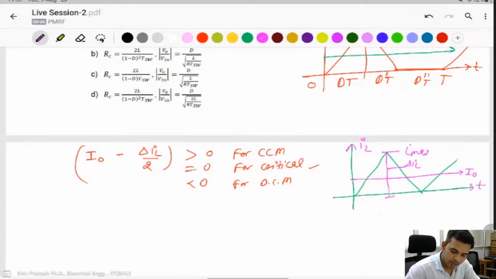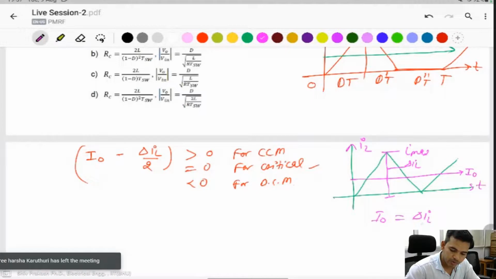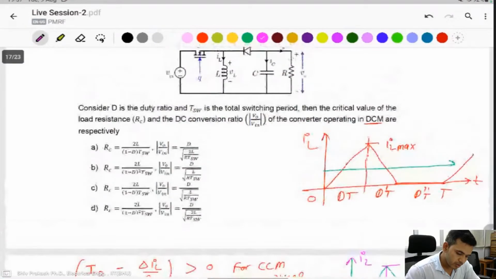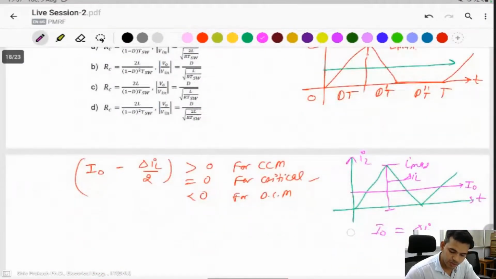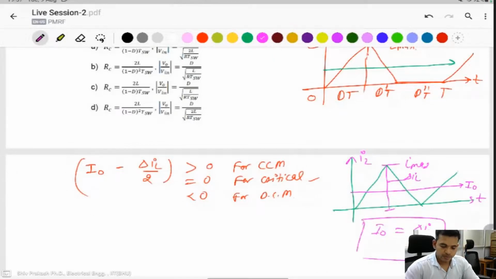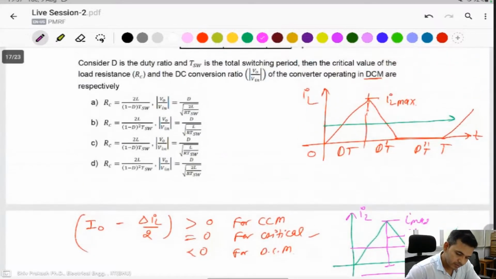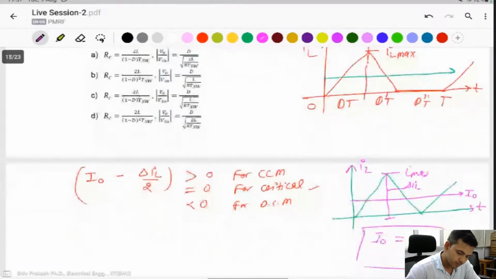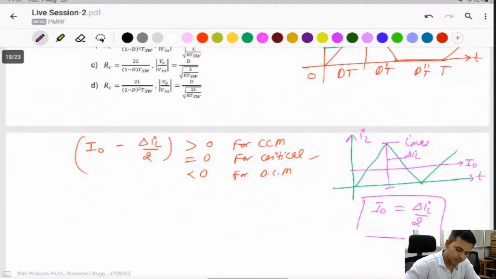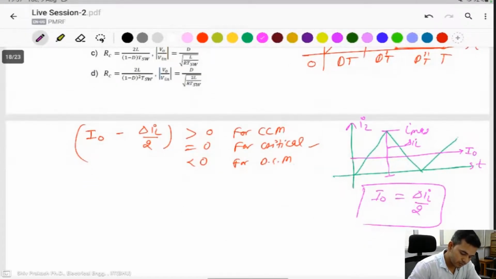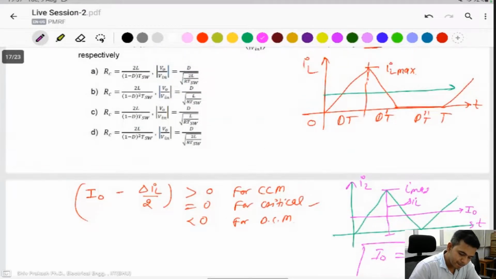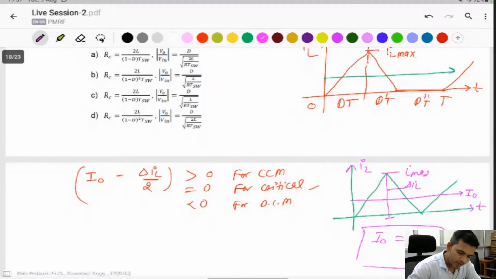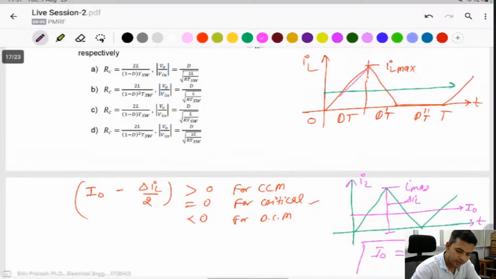This time delta I naught is equal to delta IL by 2. I can say that IL both for, but they are not boost, is the boost converter, then you can apply this one. Delta IL we find from this equation.